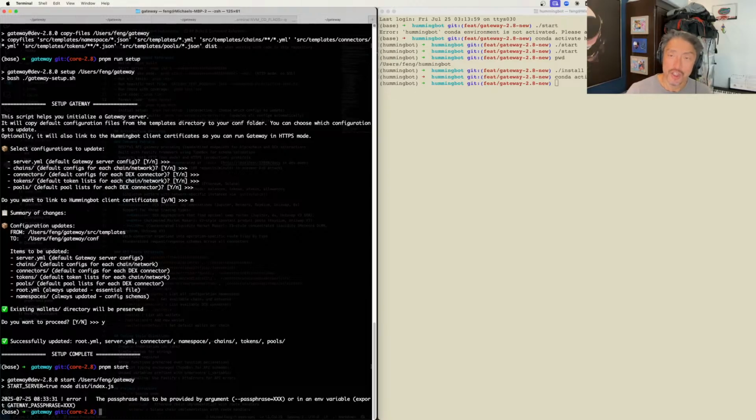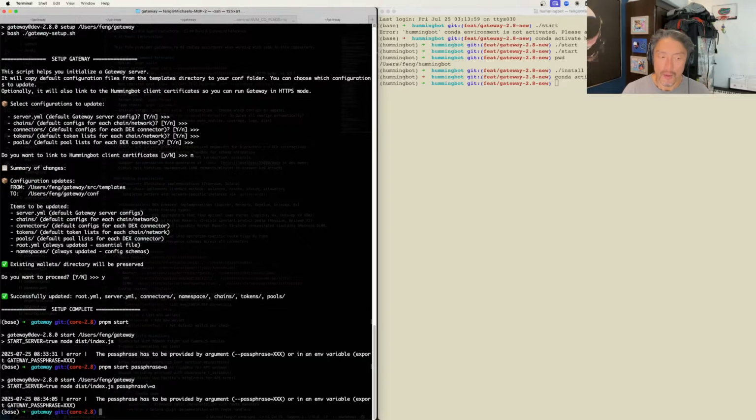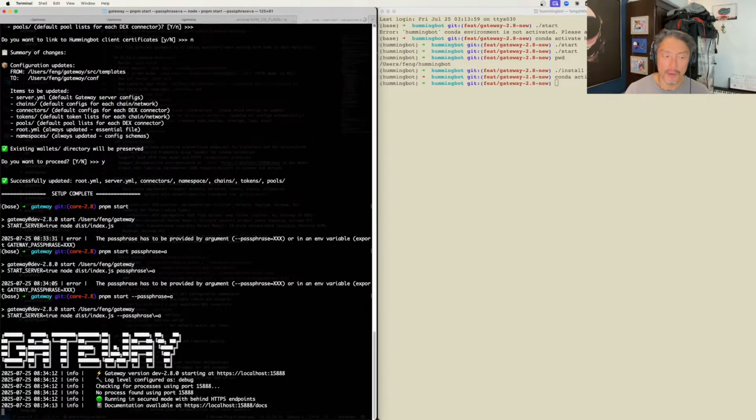Instead, it's hashed with a password. Because this is my local computer, it's secure, so I'm going to use something like A. If you just do npm start with the passphrase flag, this will start Gateway in encrypted mode.